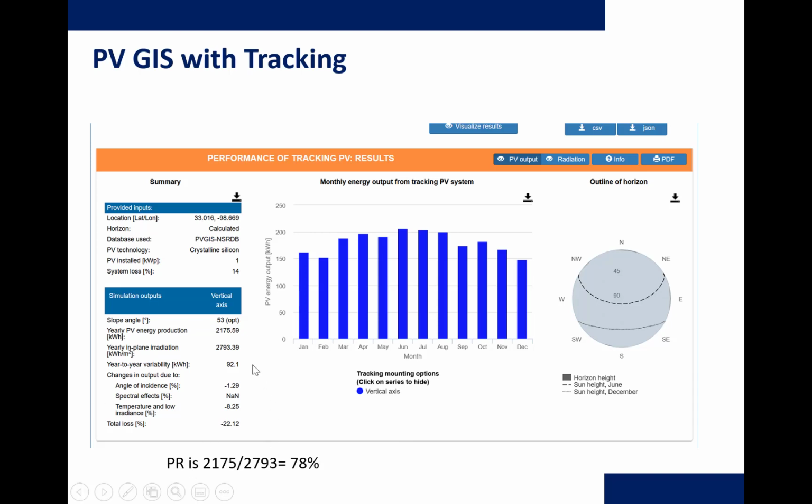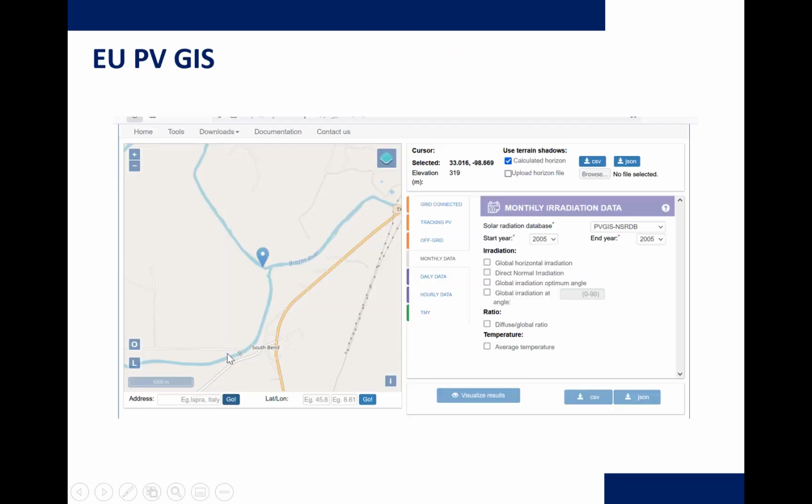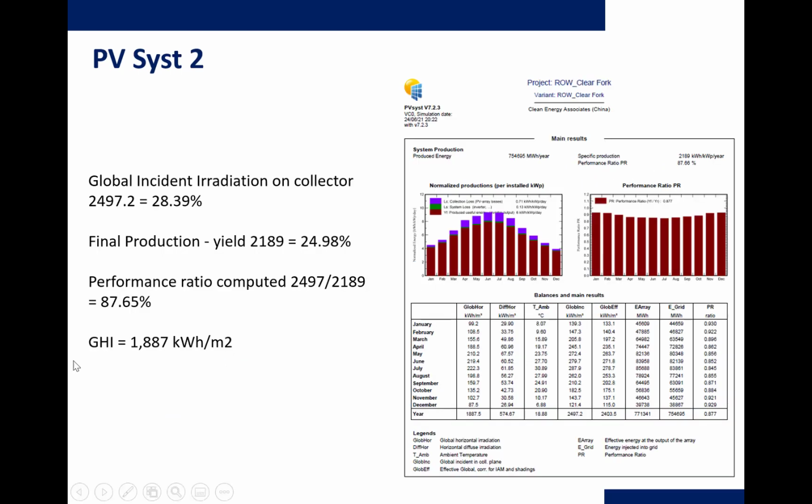In this case, the tracking gave you, remember, it was on the correct collectors. It was the effective irradiance on the collectors, and they call it in-plane radiation. That's why I use this one, 2793. In this case, they have the 2403. So you're starting to get differences.